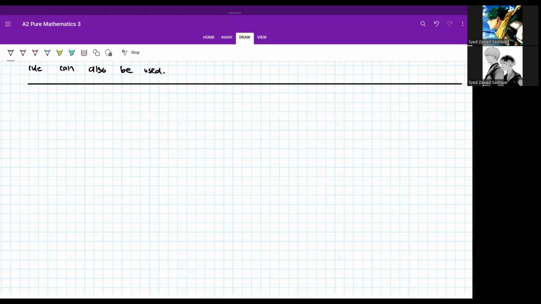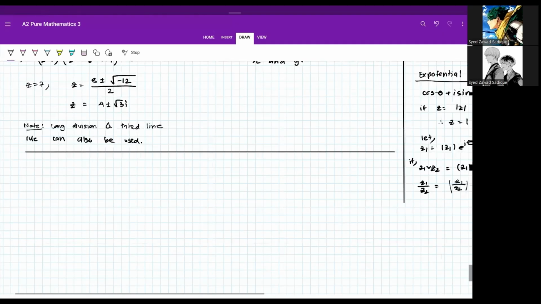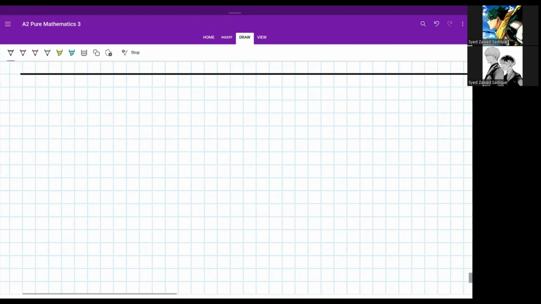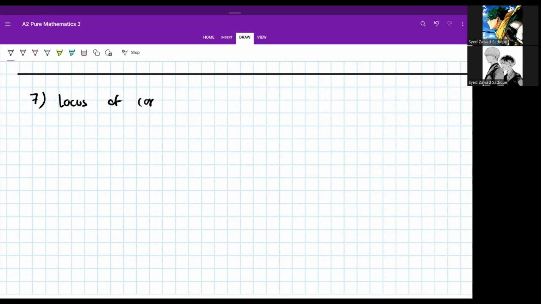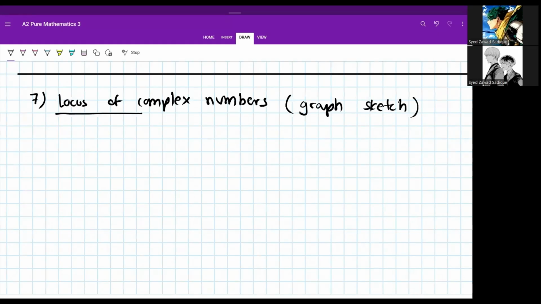So 7. This is basically graph sketching.